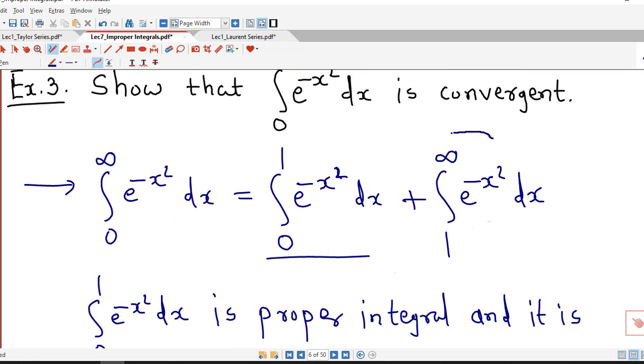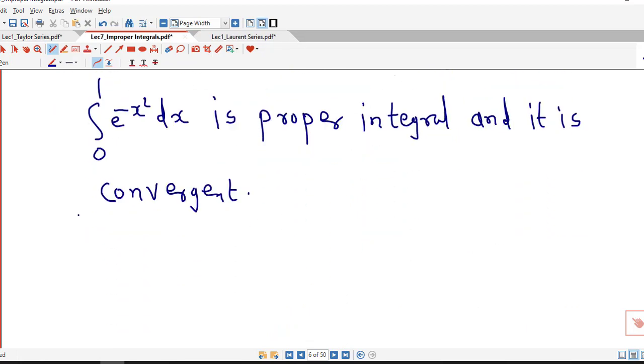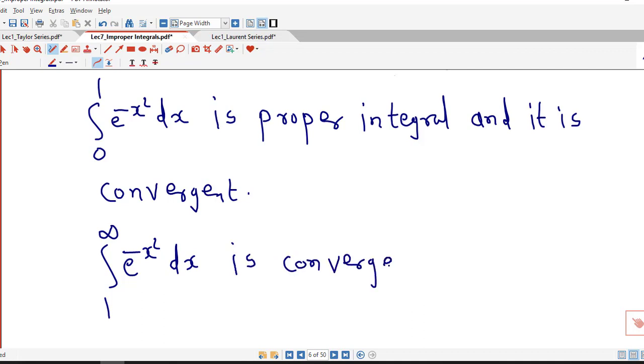And we have shown in the previous example that this integral is convergent by comparison test. So I can write that integral from 1 to infinity e raised to minus x square dx is convergent by comparison test.